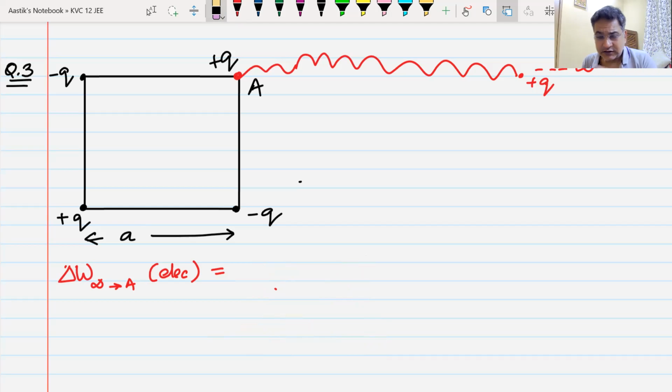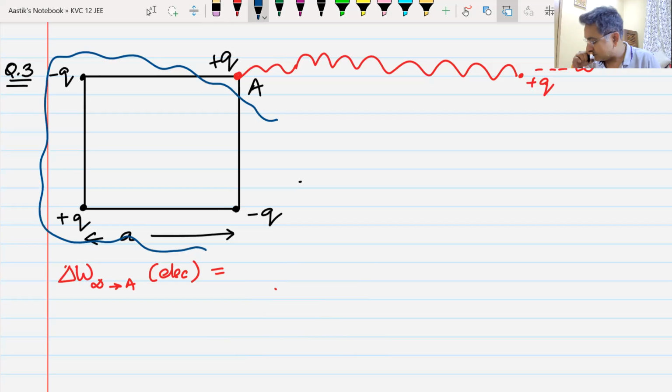In the first question, initially there was nothing. No charges were there. And finally, all the four charges were there. Here, if I look at the initial system, my initial system has these three charges. Do we understand my initial system? Yes, sir.